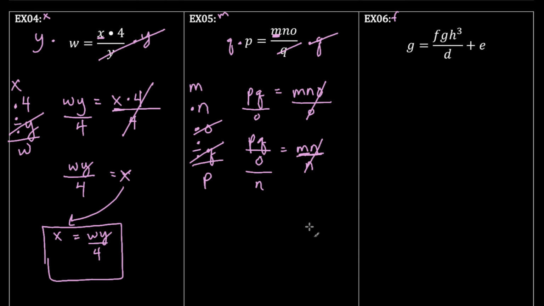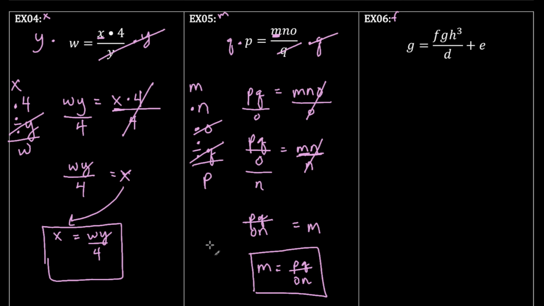Actually, I'll just bring it down to make it easier for some of y'all. So if we have P and then we have Q, and we divide it by O, and then divide it by N, that is actually the same as taking P times Q, and then dividing it by O times N. I'll explain that in a moment. And then I'm just going to flip it around, M equals PQ over O N.